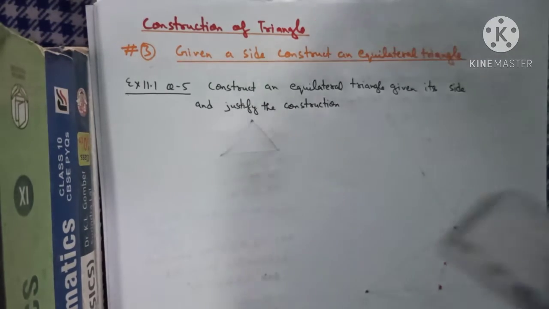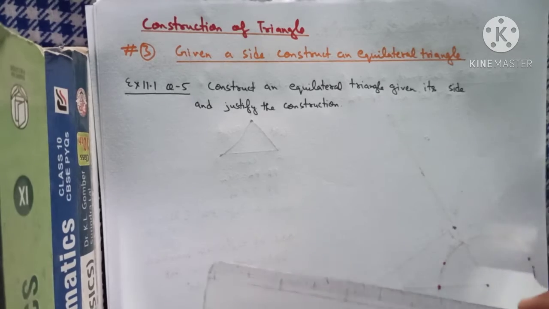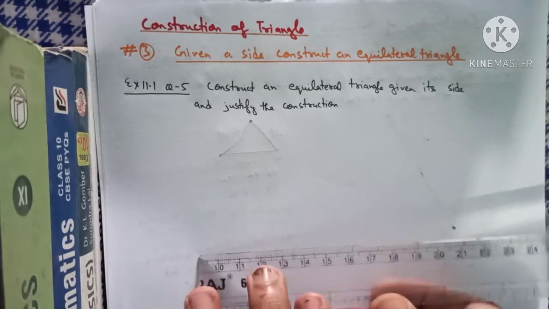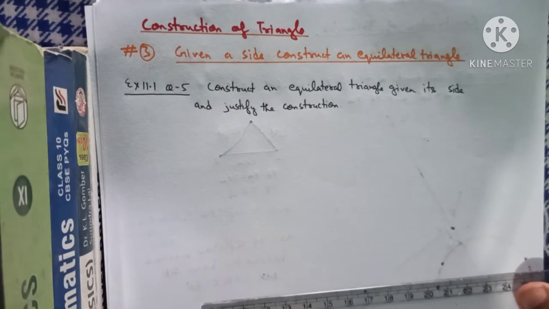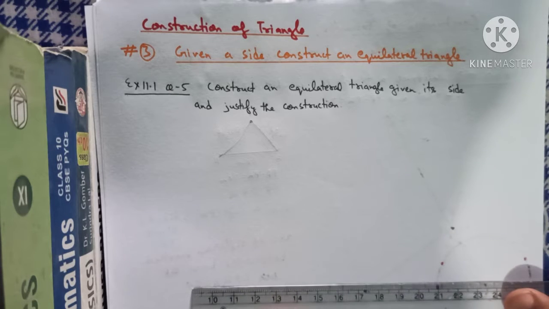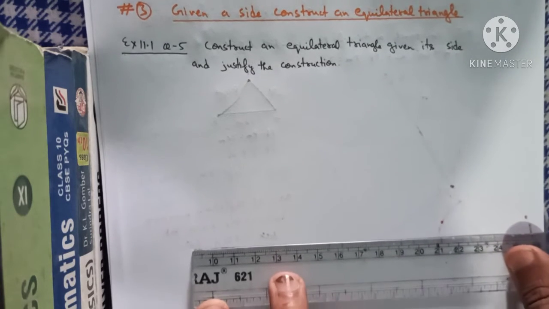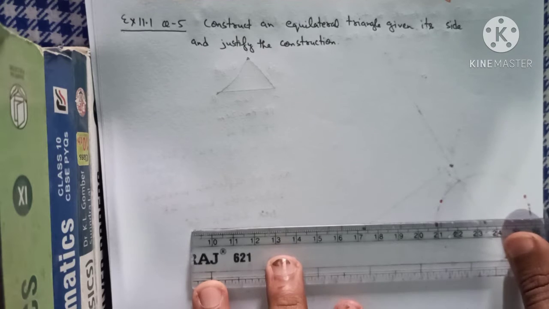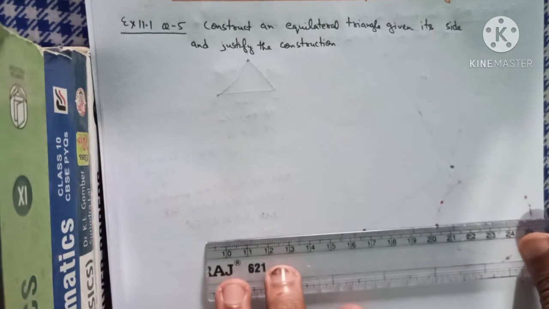Here very simply we will take some radius, say radius equal to 5 centimeter.